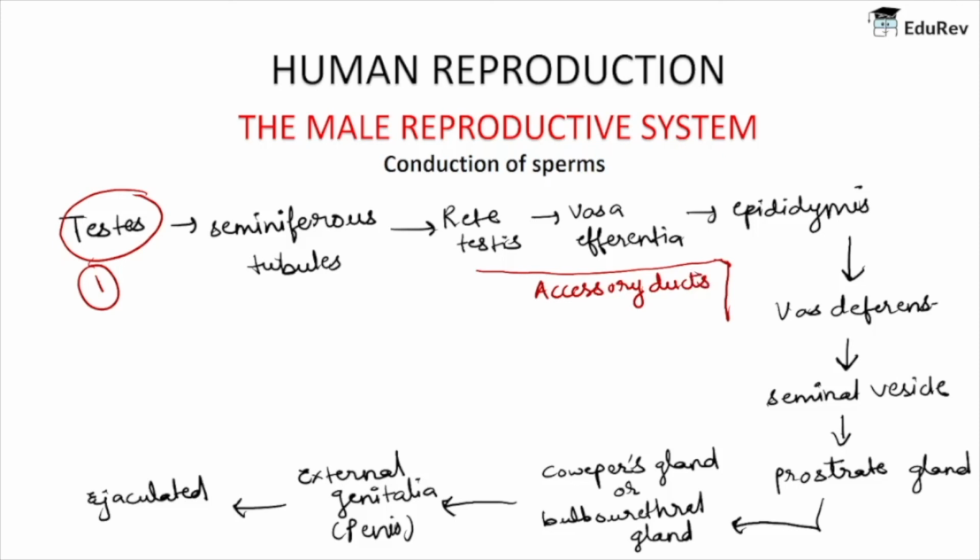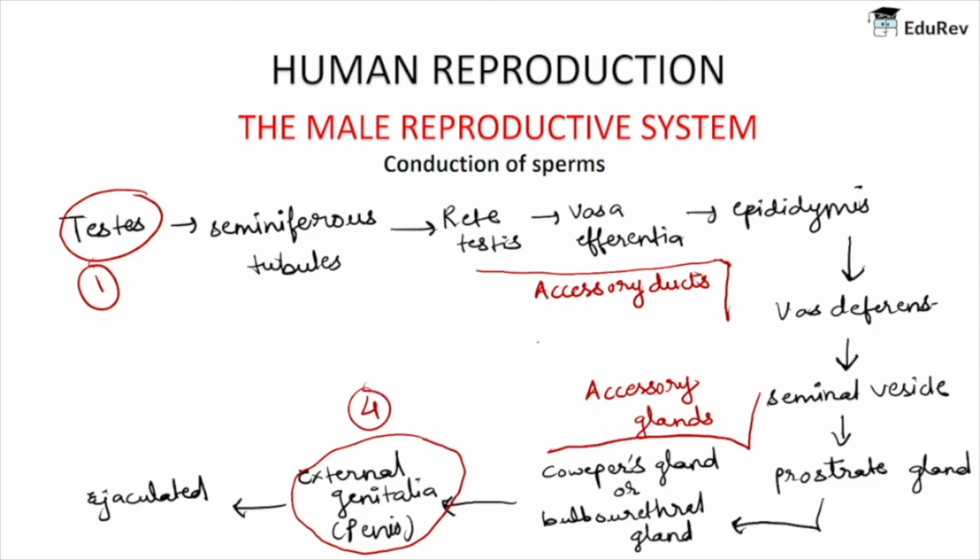Now the next thing we have studied are the accessory glands. From the seminal vesicle to the Cowper's or bulbourethral gland, I would like to mark accessory glands, and finally the external genitalia or the penis, which is the 4th part. So this one was the second part, this one was the third part, and external genitalia is the 4th part. This is the conduction of sperm that we have just revised.